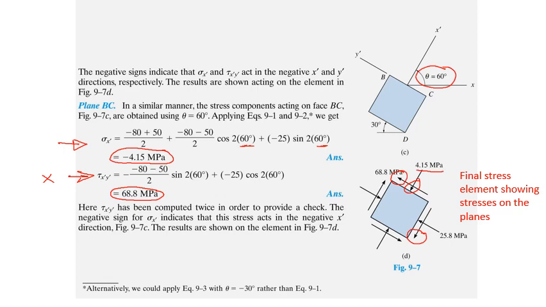This shows it upwards on the face that we are considering, that is the right hand face. It is moving upwards, and the value is still the same, 68.8 megapascal. So it's just a checking calculation. But if you do not do that, it's fine, as long as your answer previously is right.